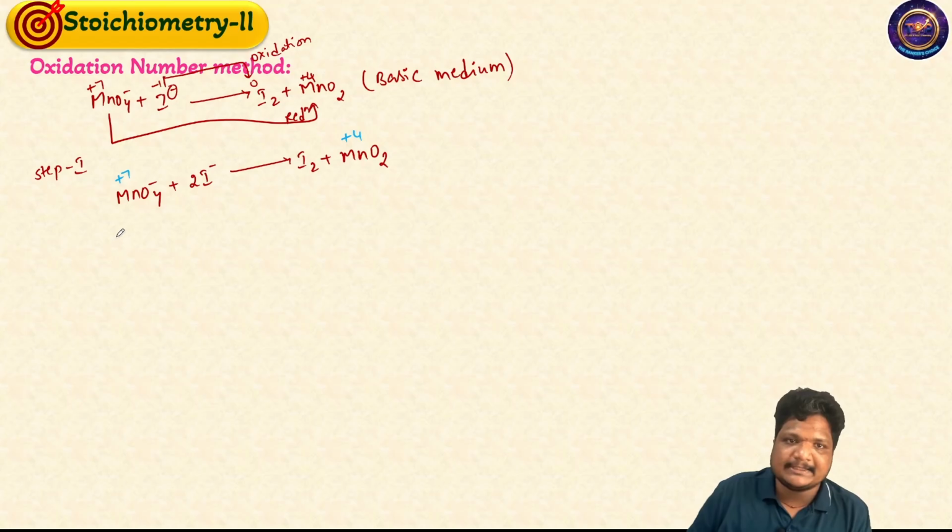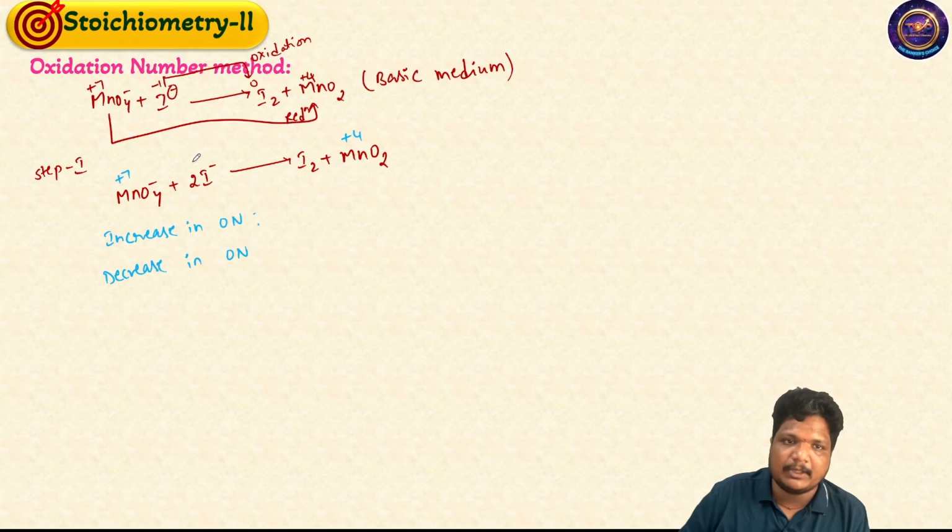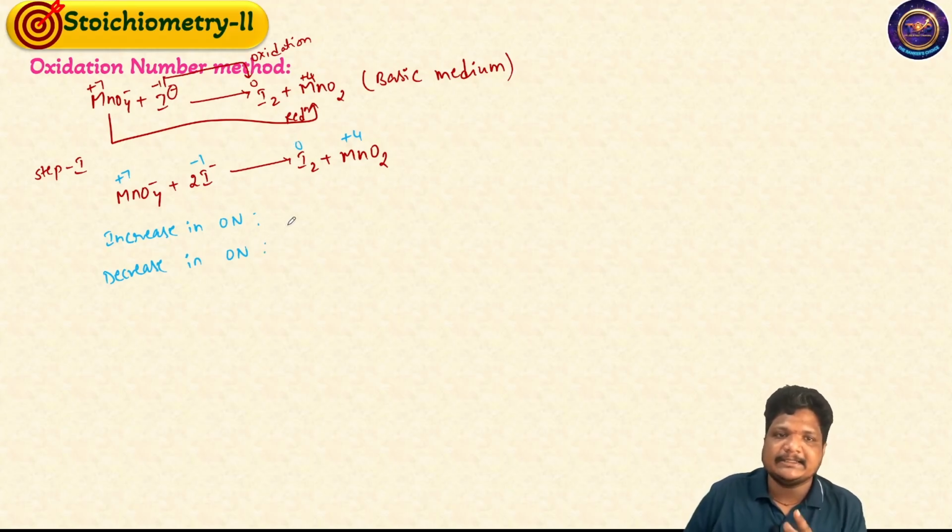For the increase in oxidation number, iodine goes from minus 1 to 0. How many electrons are increased? Minus 1 to 0 means an increase of 1 electron, so it is 1.